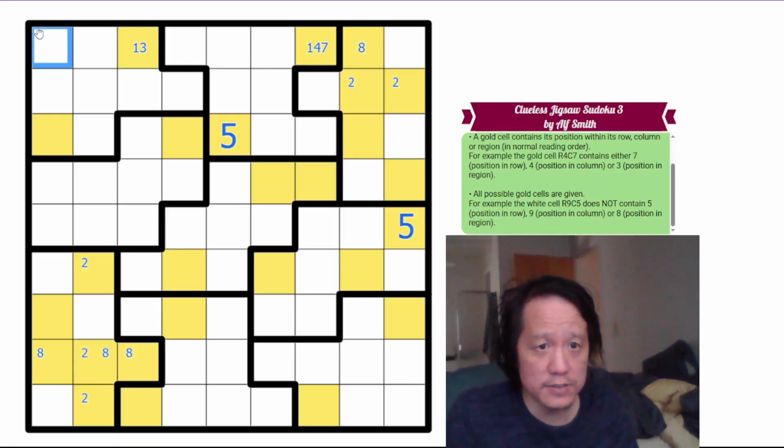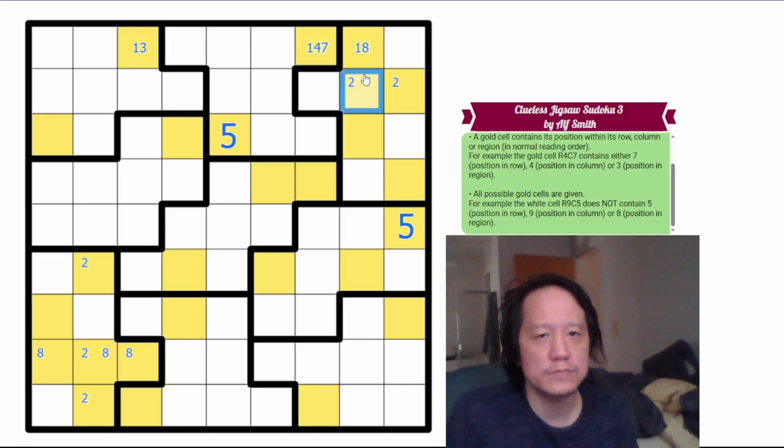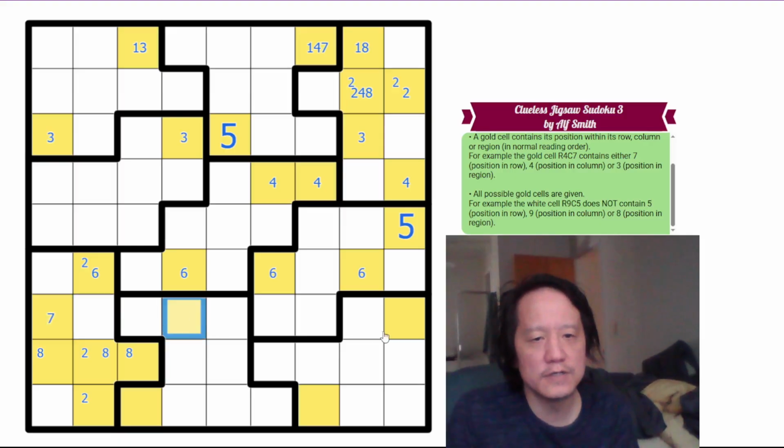This is 8, 1, or 1. This is 8, 2, or 1, 2, 3, 4. So all of these have to contain a 2. Can be 3. Can be 4, 6, 7, and 8. These are all 9 as possibilities.